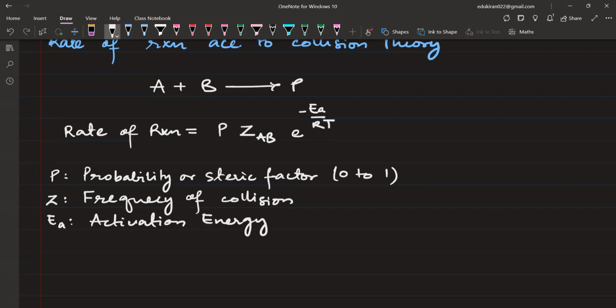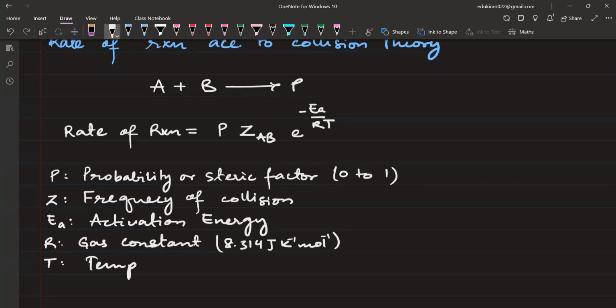R is the gas constant, 8.314 joules per Kelvin per mole. T is temperature. ठीक है, तो इसके बारे में आपको कंसेप्चुअली सवाल पूछा जा सकता है कि अगर 1 है तो उसका क्या मतलब है, 0 है तो क्या मतलब है. Write this down, raise your hand once you are done.